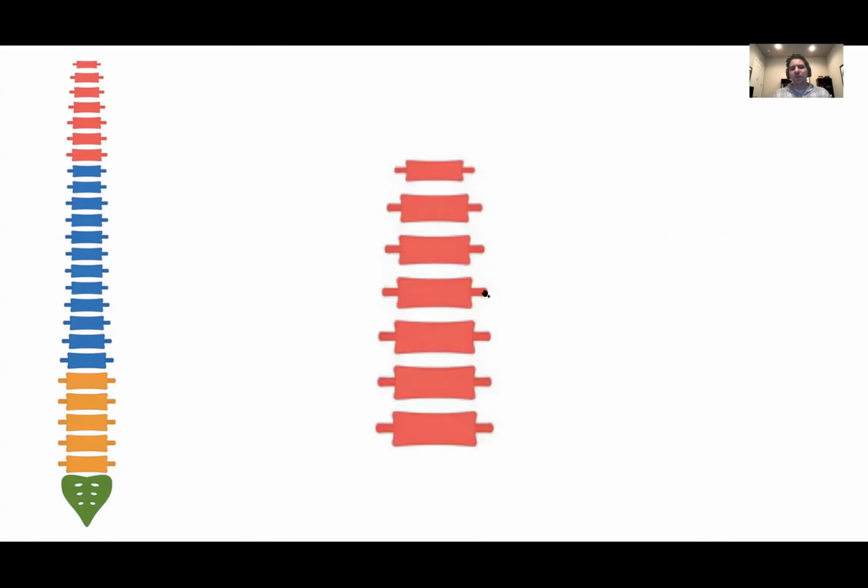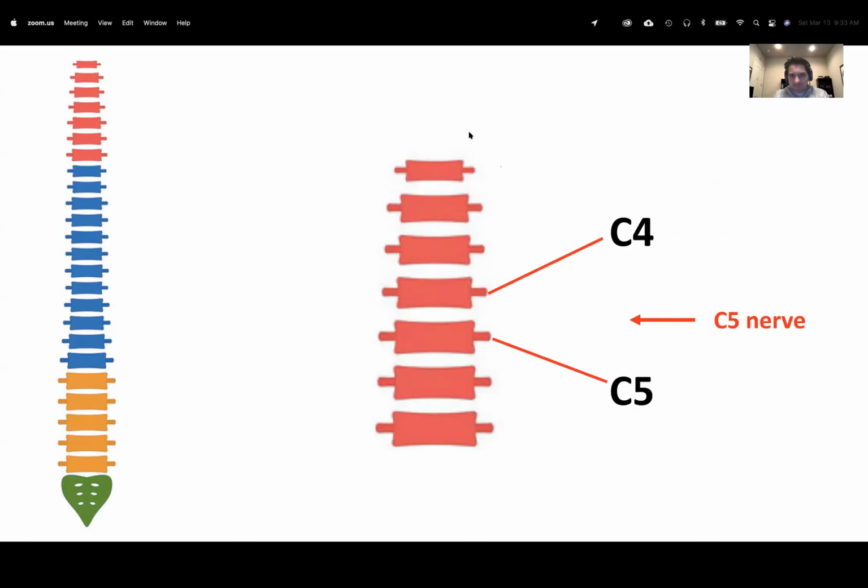So let's look at the cervical vertebrae first. If you have C4, C5, the C5 nerve is going to exit above. If you think of it, C1 is here, C2, C3. C3 nerve is going to be above the C3 vertebra. Let me annotate this. So this would be C1, right?